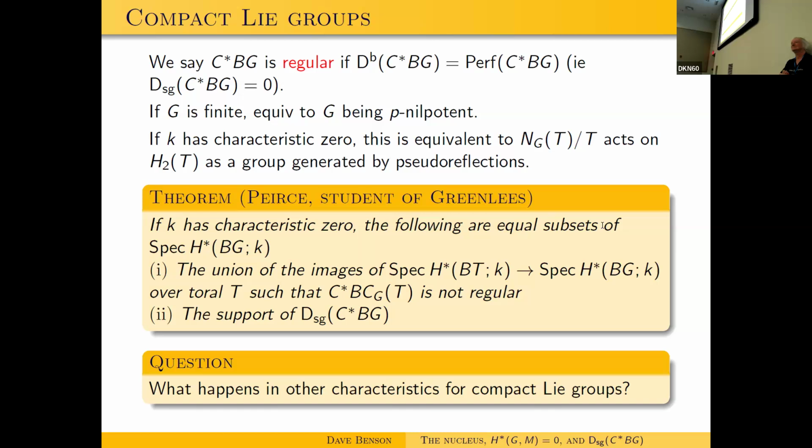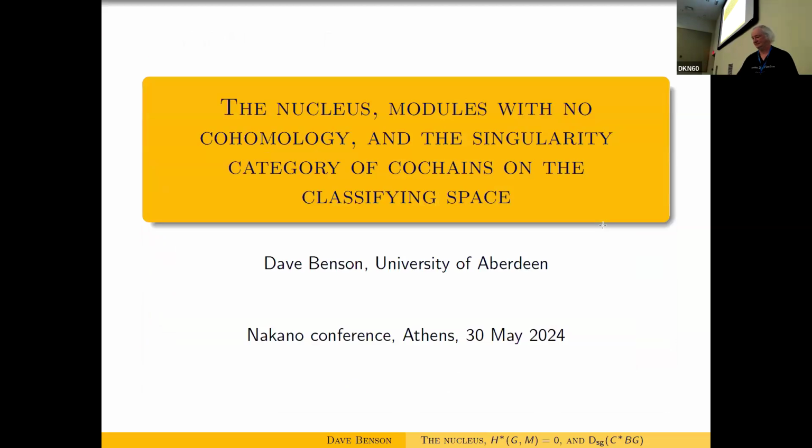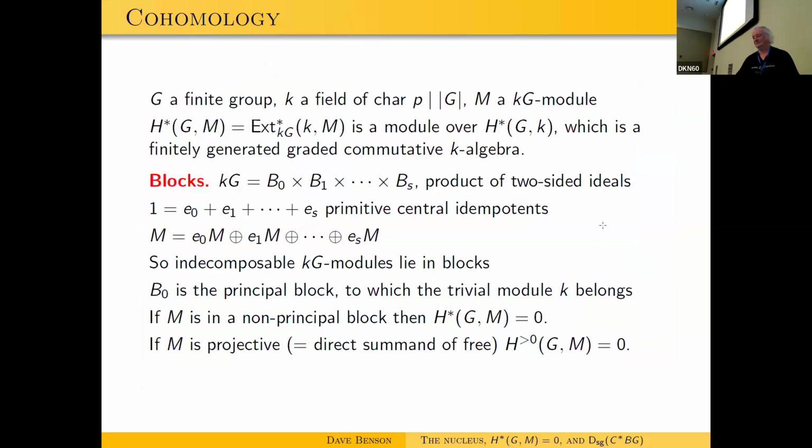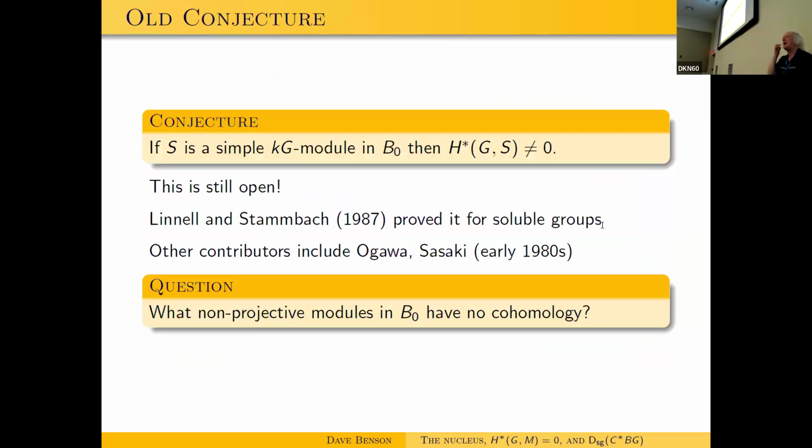Going back to the beginning, so I might be getting this a little wrong, but at the very beginning you define this nucleus. For the principal block, you run over subgroups which are not p-nilpotent. But when you're doing this for non-principal blocks, you shift to rather considering blocks which are not p-nilpotent.